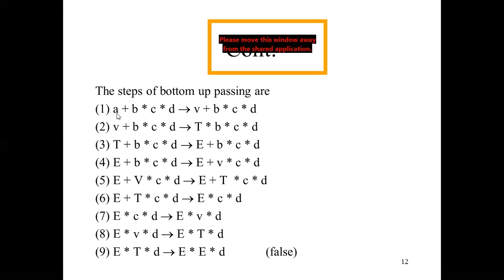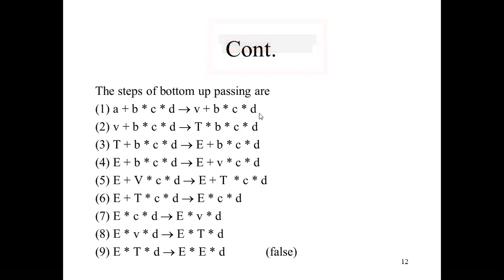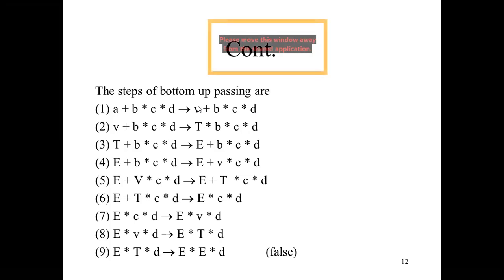So we are going to replace this A by V, and writing the same thing on the right hand side, plus B star C star D. In this case we will proceed step by step. So again you can see here we will replace this V. Now you can see what option we have, as in the preceding case.